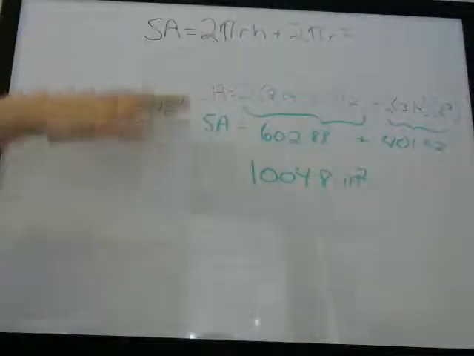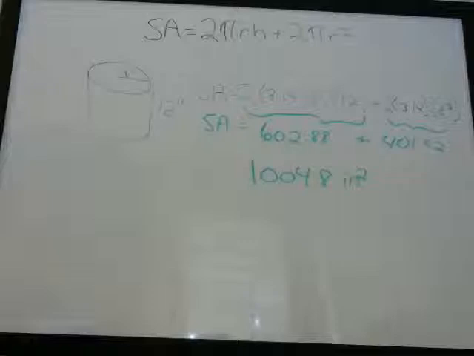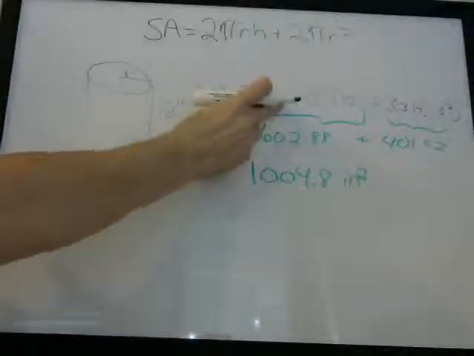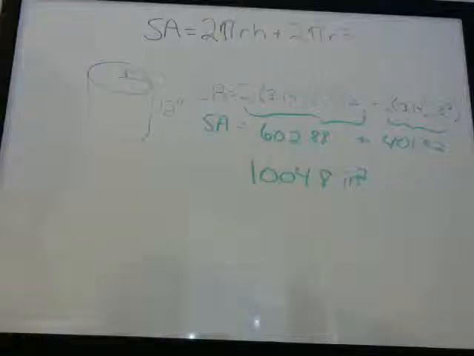So we're going to do the same problem, but leave the answer in terms of pi. So instead of using 3.14, we're just going to leave the symbol pi there.